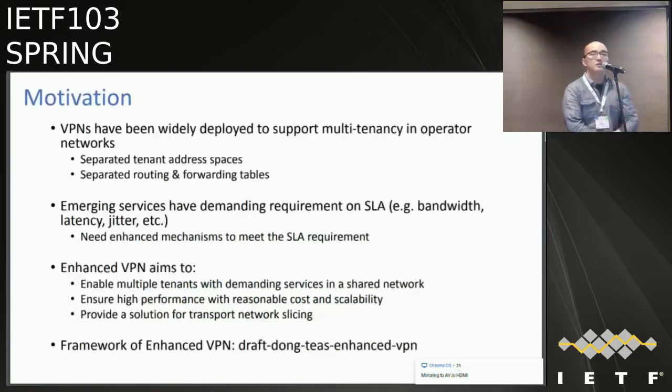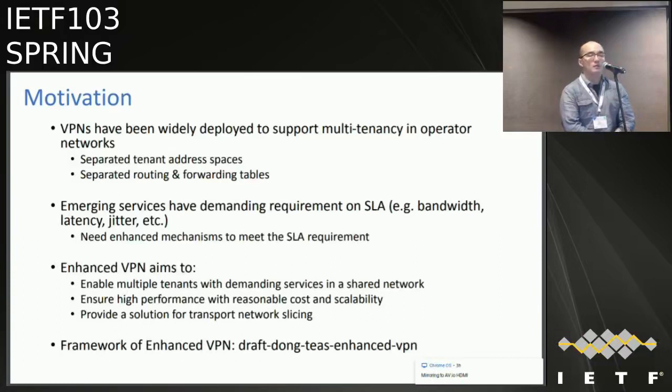While there are emerging services which have more demanding requirements on the SLA, for example, stricter requirements on the bandwidth, latency, jitter. So basically, we need enhancement to the existing mechanism to meet these demanding requirements.